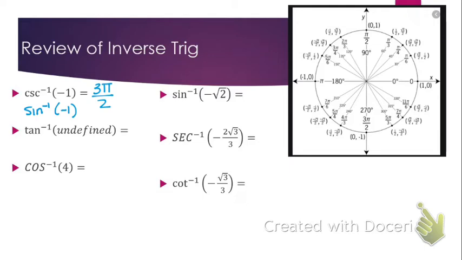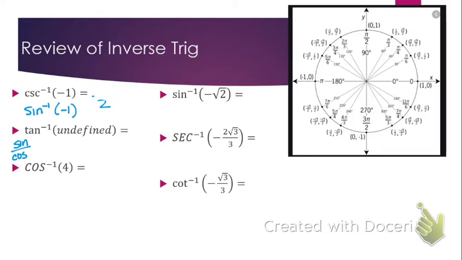Okay, what angle is tangent undefined? So tangent is equal to sine divided by cosine. So whenever cosine is 0, tangent is going to be undefined. And that actually happens 2 places. It happens here at pi over 2. Oh, wait a minute. I just did something definitely wrong. Let me pause. The answer is not 3 pi over 2. What should it be? Negative pi over 2.